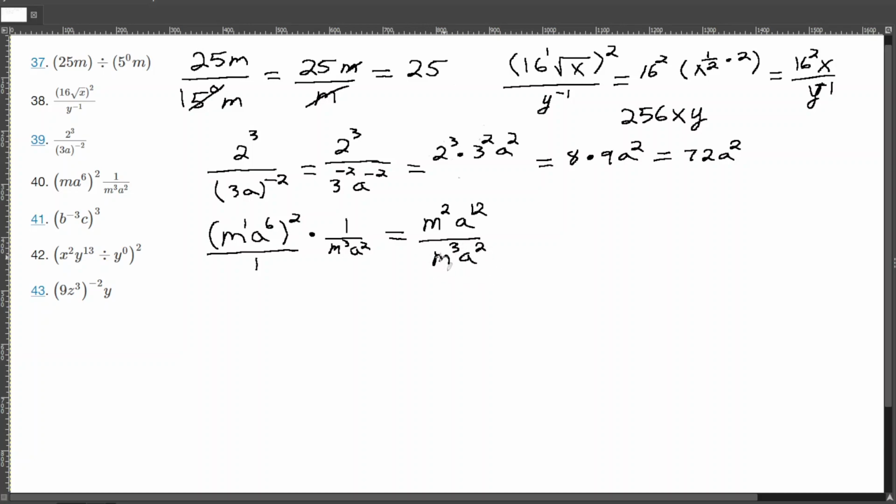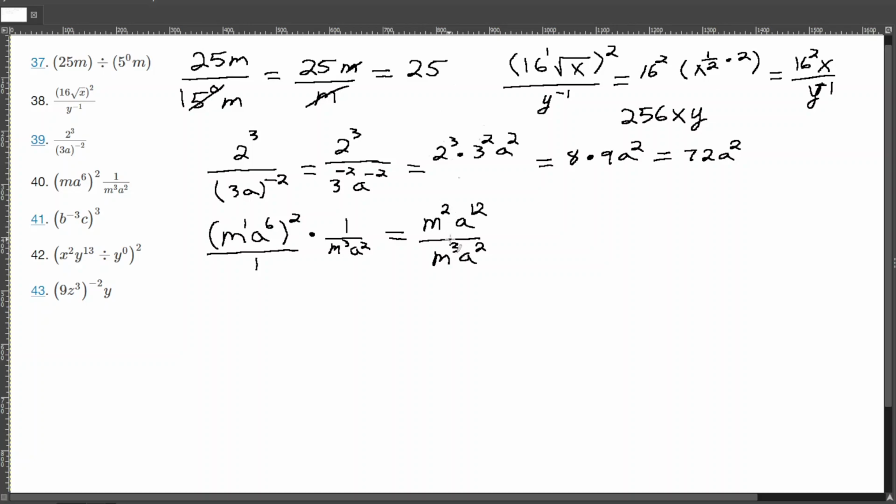And what I'm going to do is my little trick that I like to do. Let's just cancel the one with the lowest power. In this case, it's m to the 2nd. We have m to the 2nd, m to the 3rd. If you think of the subtraction, it's m to the 2 minus 3, which is -1.